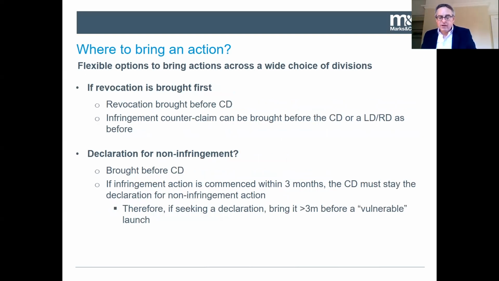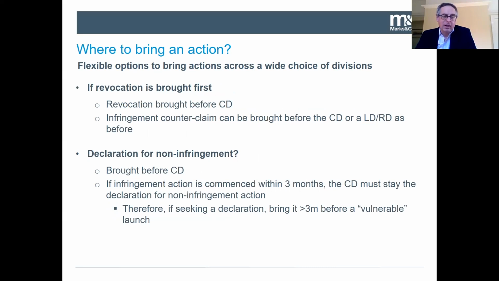If you're bringing a revocation claim, then you must bring it before the central division. And which branch will depend on the subject matter of the patent, and I'll be showing you a table on that in a moment.